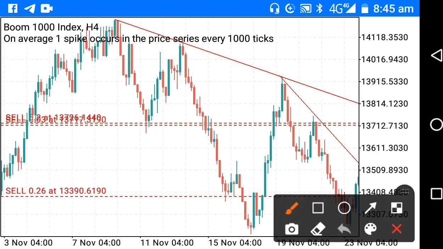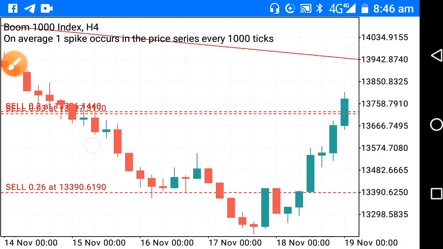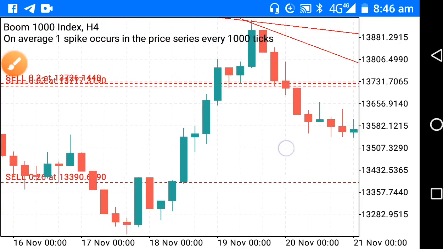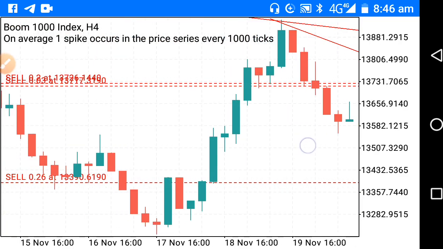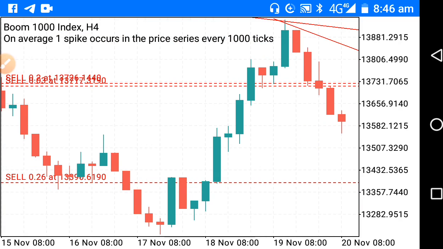On the almighty boom and crash, look at first touch, second touch, and look at third touch. And what candlestick pattern do we have on that third touch? It's a shooting star or a bearish harami.